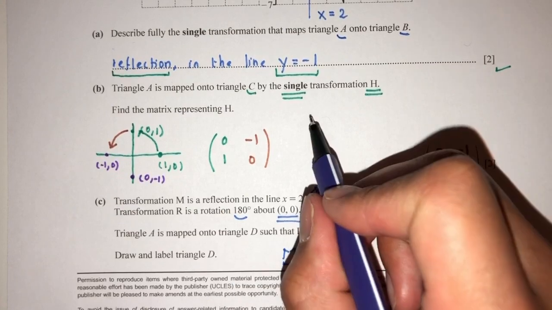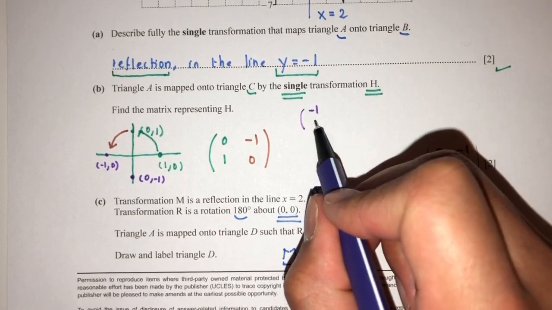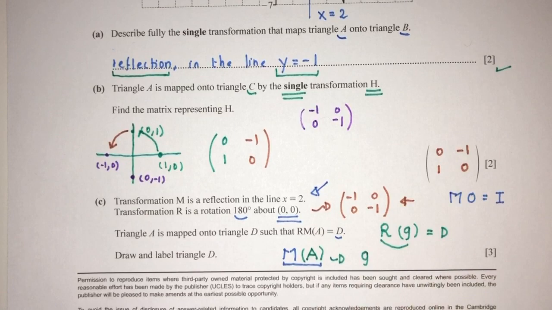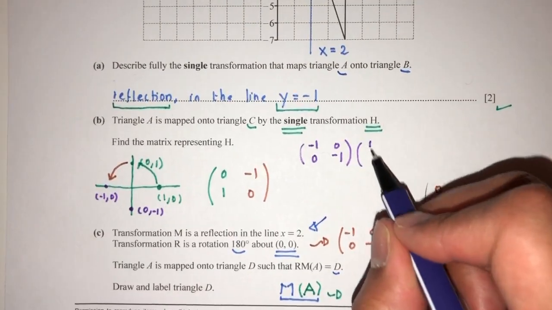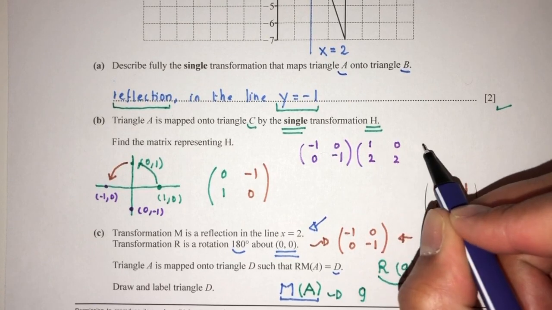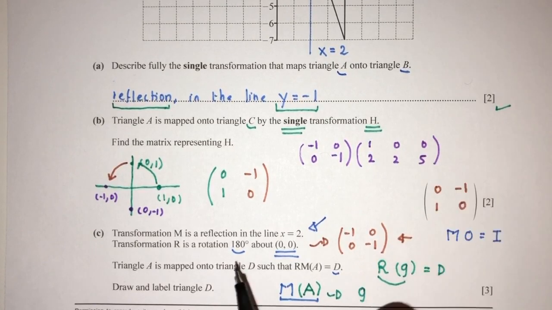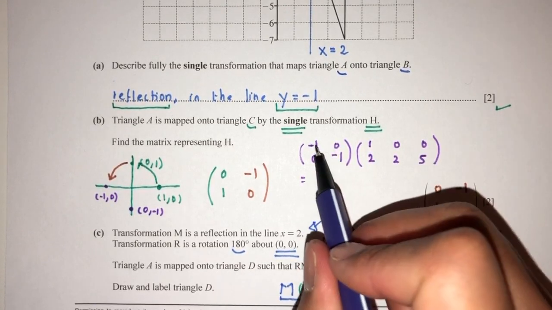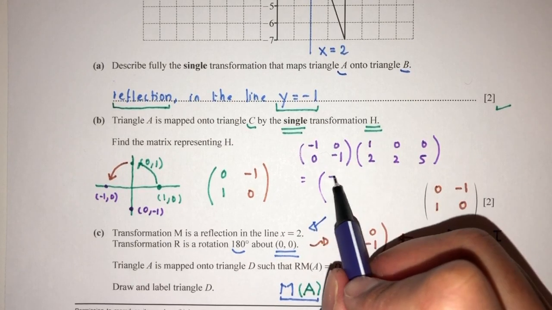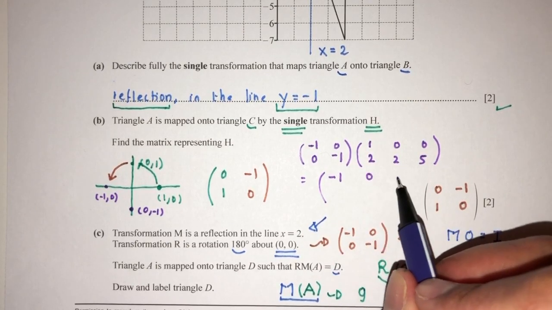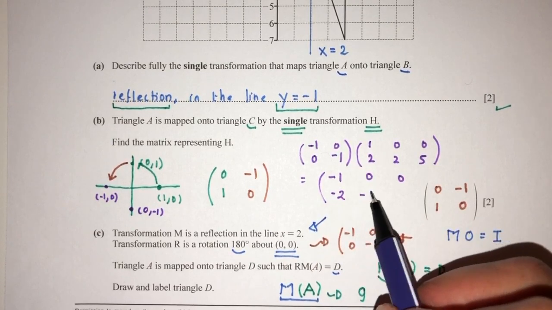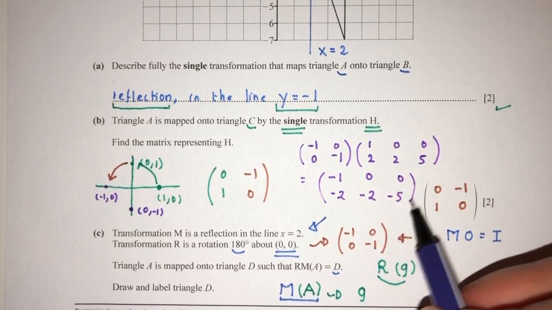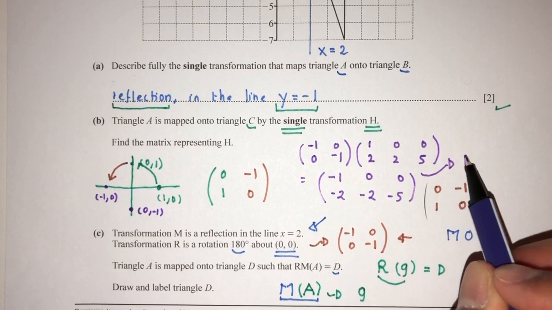The matrix, as we have seen, is this one, (-1, 0), (0, -1). The object is G. G we have seen here is (1, 2), (0, 2), and (0, 5), right? That will give you, so -1, that will be 0, 0. And here we have -2, -2, -5. So this will be your triangle D.